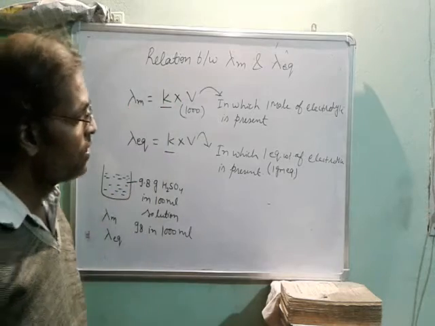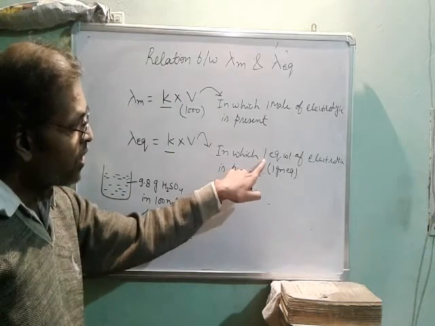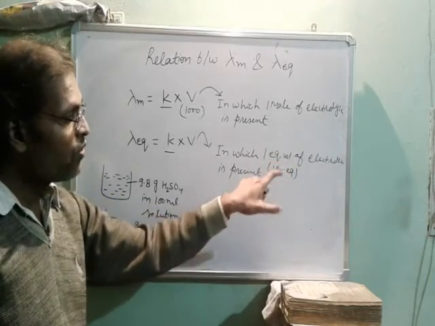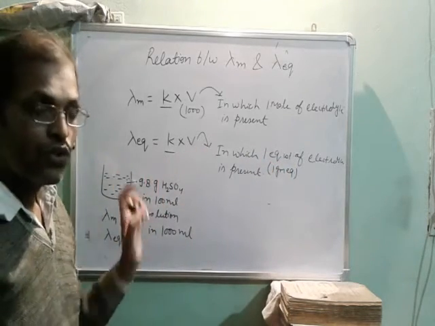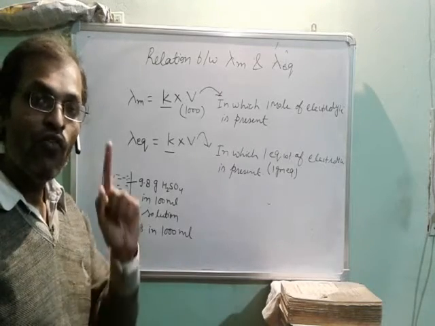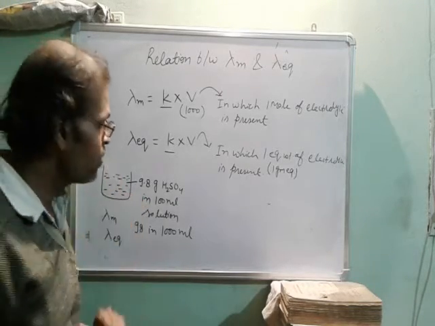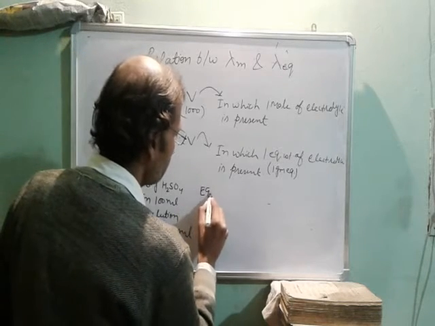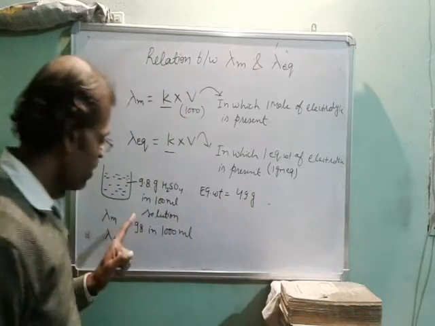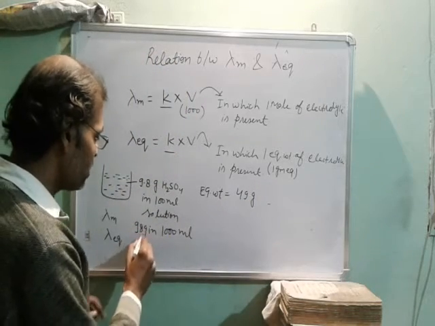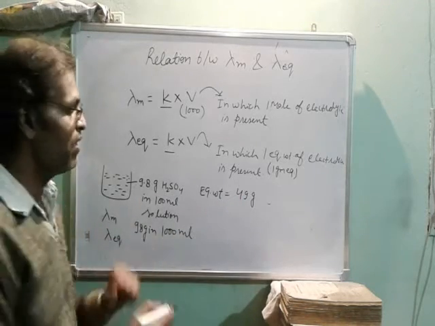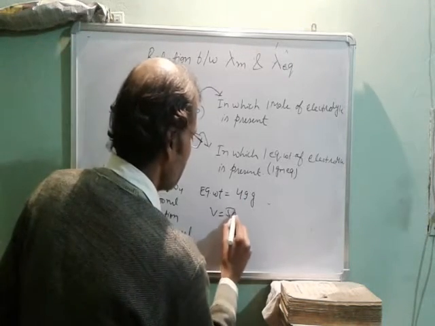According to definition, it contains 1 equivalent weight or 1 gram equivalent weight of electrolyte in V ml. So what volume of solution will contain 1 equivalent weight, that is 49? Equivalent weight of H2SO4 is 49 gram. 98 gram is there in 1000 ml, so 49 will be there in 500 ml. Here V will be 500 ml.